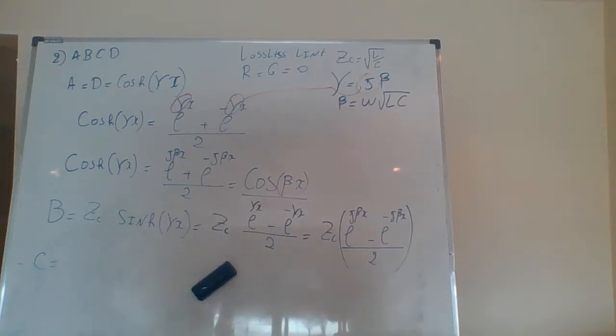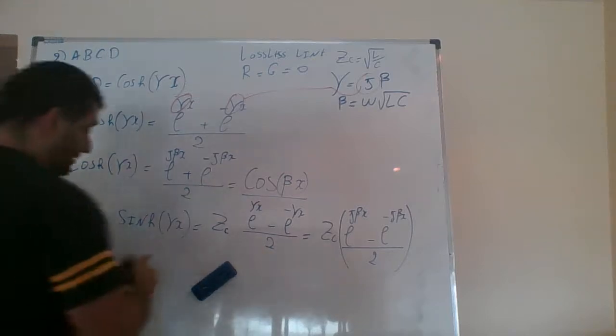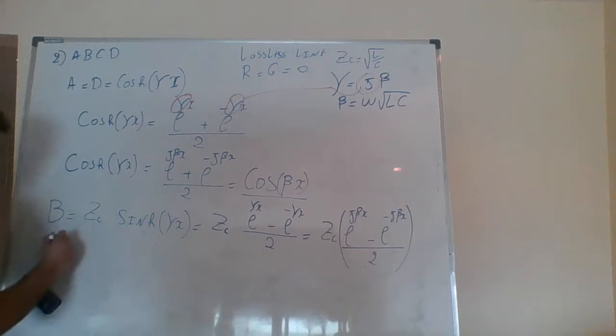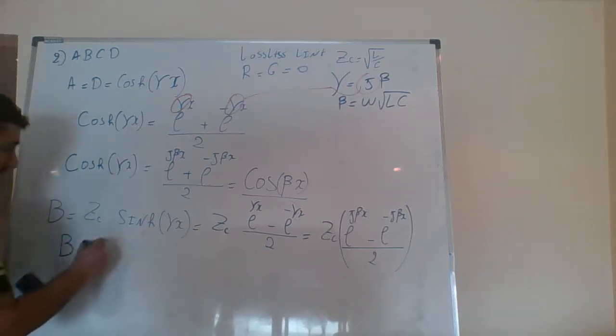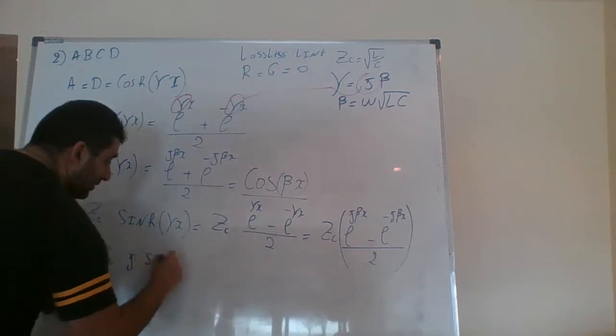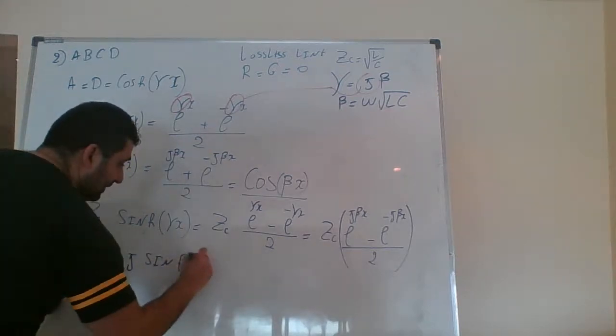If I analyze this circuit, I will end up with this answer for B. It's equal to ZC J sine beta x.